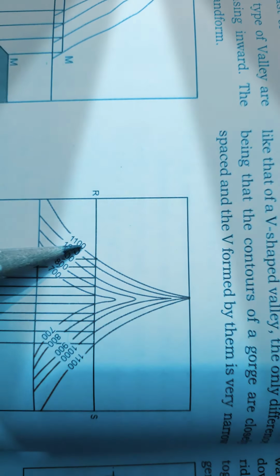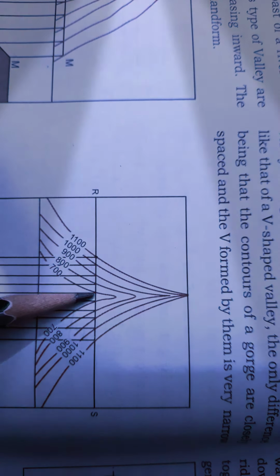In the same way, sometimes the contours are very close to each other. In this contour feature you can see these are very close to each other, like 700, 800, 900, 1100. So these are very close, so these are very vertical slopes. With such a vertical slope, the height is decreasing inside and increasing outside.